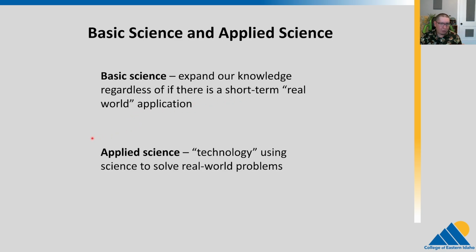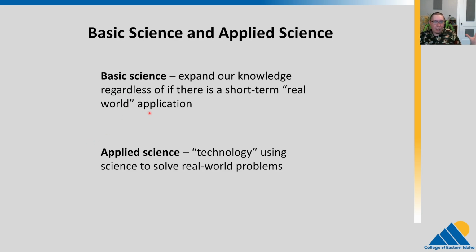That's the part of science we call applied science, technology, using science to solve real-world problems. But I'm going to show you an example of where doing basic science, even though we didn't know how it would be useful, has paid off to both make our world better and make some people a lot of money, which maybe you're interested in. So money, unfortunately, is a big part of science.